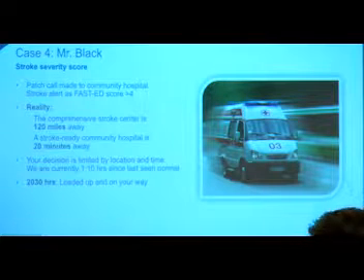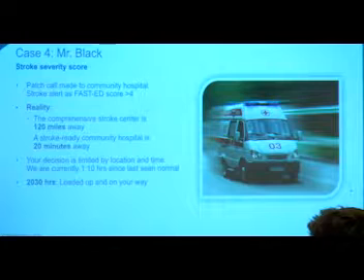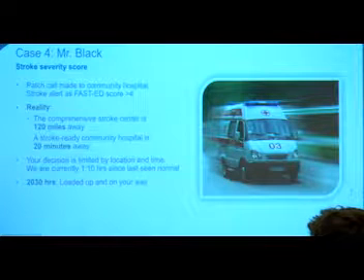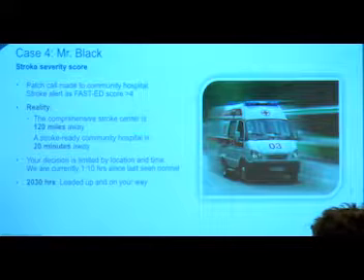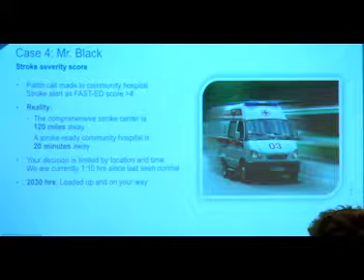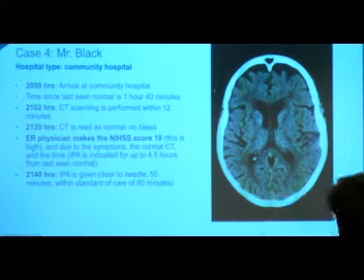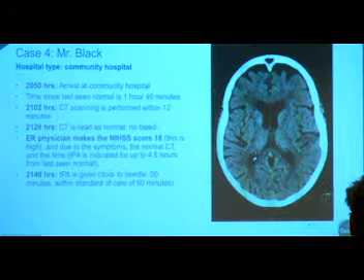I think we do have some of these challenges where we say, hey, the closest comprehensive center is either St. Luke's or it's Vermont or Montreal, Albany, things like that. What do we do then? Comprehensive stroke center 120 miles away, stroke-ready hospital 20 minutes away. So your decision obviously becomes limited by some of the geographical factors. So right now we still say, bring to the local community hospital.